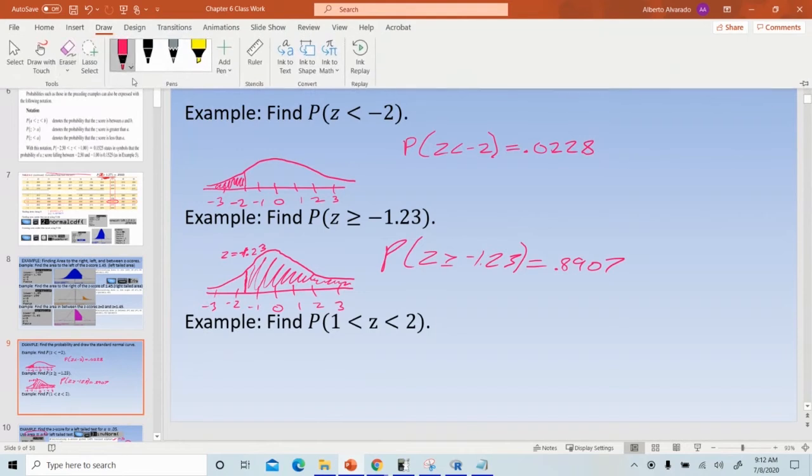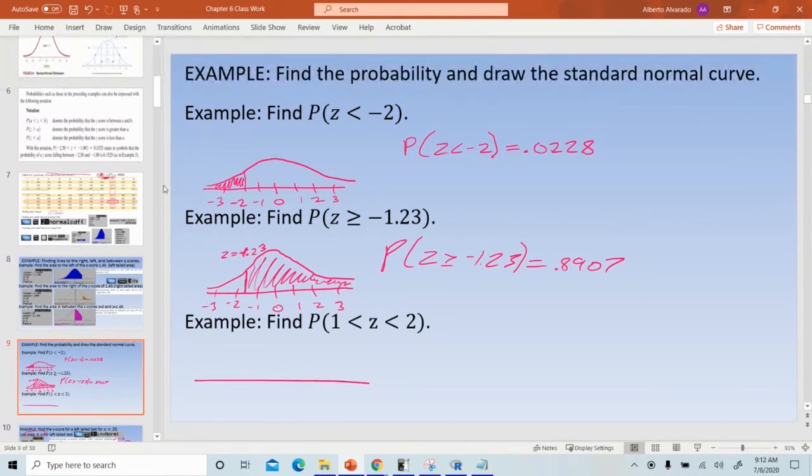So if I draw a picture, this time I'm going to take my advice and do a little less detail, but you should know some basic things. Zero's in the middle, so one's going to be about here, and then 2 would be somewhere out here. Those are z-scores, and this is the z-axis, right?